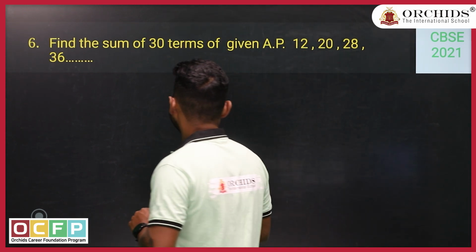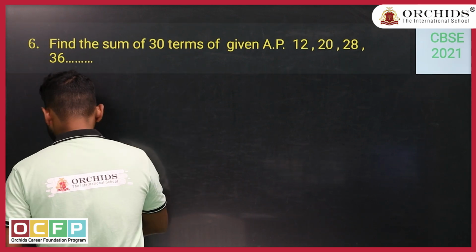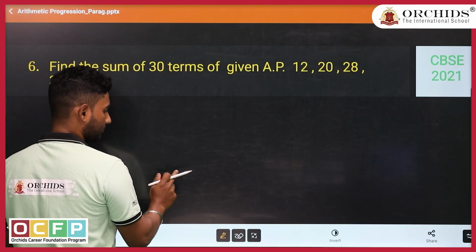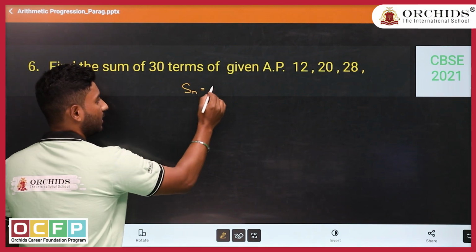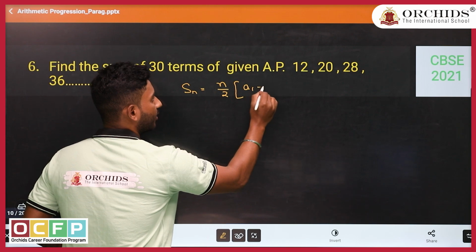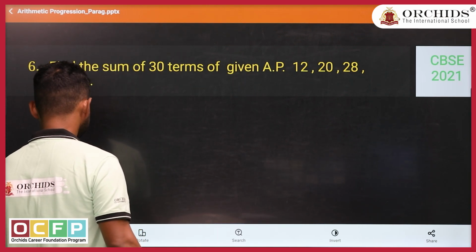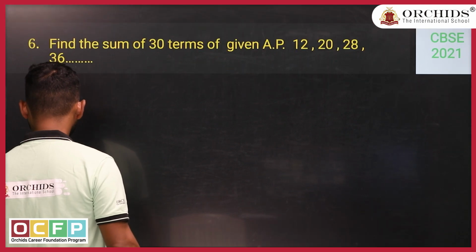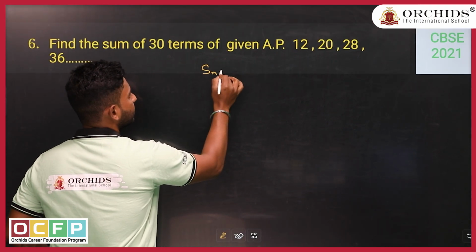Okay. Now, what is the sum of an AP? The sum of AP is how much? N by 2, A1 plus, okay. So what is Sn?